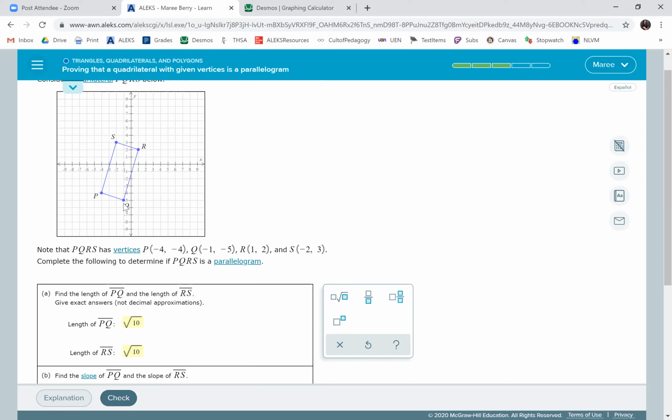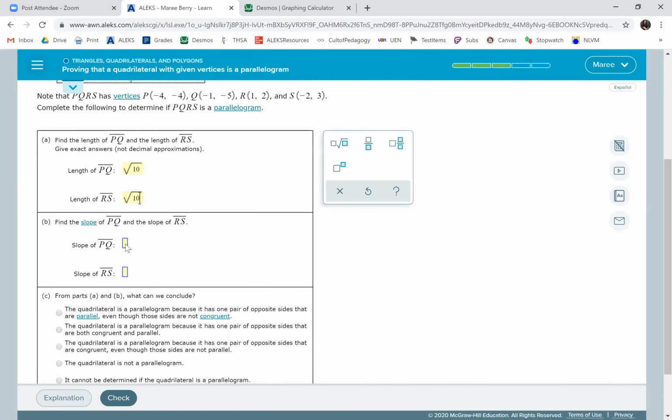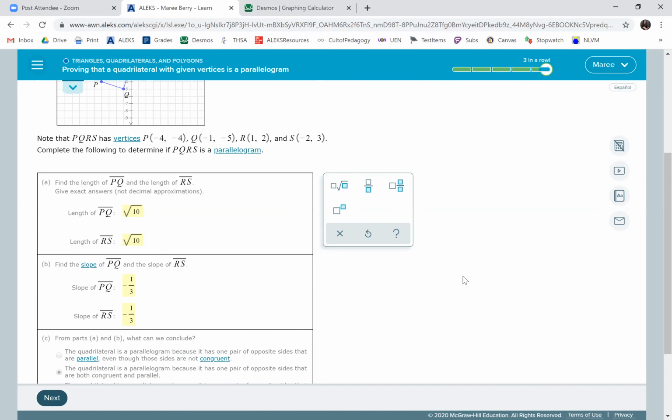And the slope is -1/3 for both of them. So we're going to find it's a parallelogram because there are two opposite sides that are congruent and parallel. The quadrilateral is a parallelogram because it has one pair of opposite sides that are both congruent and parallel. Good, that's exactly what we just showed. And that's the end of the lesson.